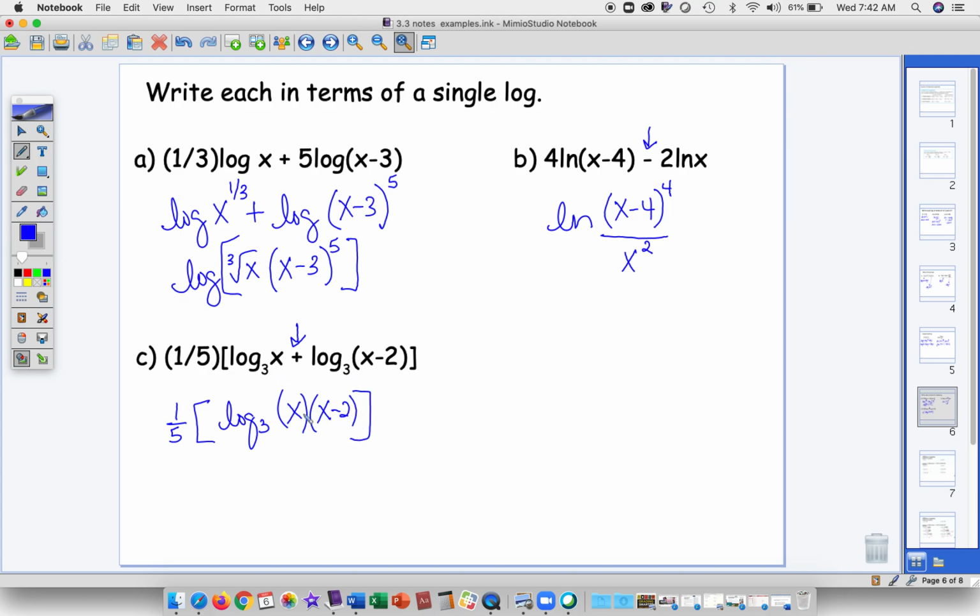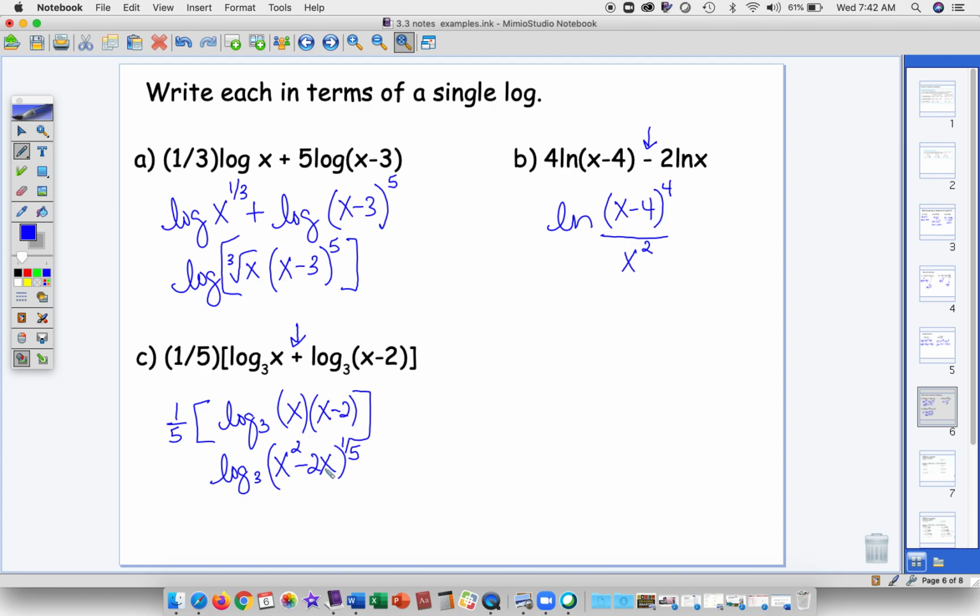Now here, this I will multiply just to make it easier to write out, right? X squared minus 2x. And now I'll apply the power property. So it's this product, the whole product that's being raised to the 1/5 power. So it's log base 3 of x squared minus 2x to the 1/5.